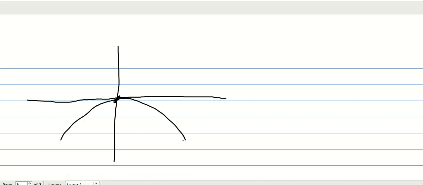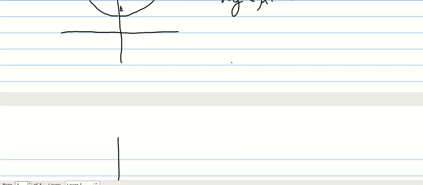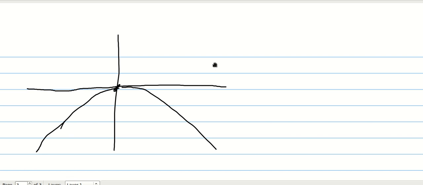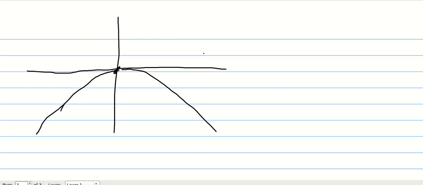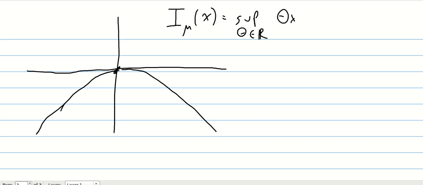So asymptotically, this is going to be like a line, both here and here. So no longer exponential growth. We killed the exponential growth with the logarithm. And now we are trying to visualize what this definition is. So we have this supremum over theta of theta x minus this log.